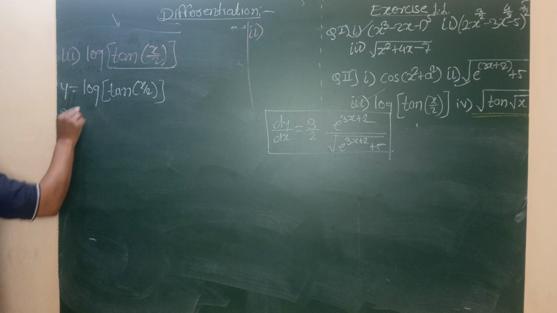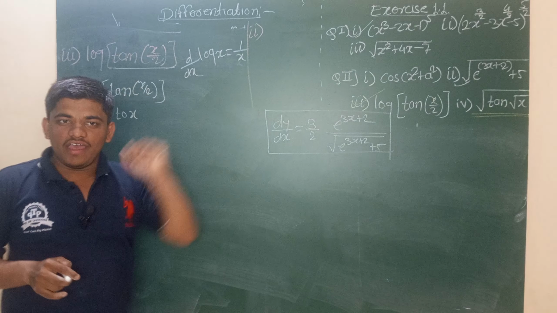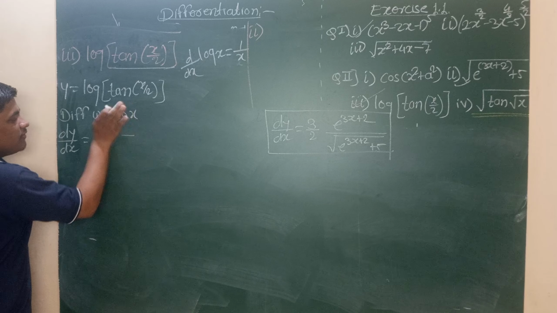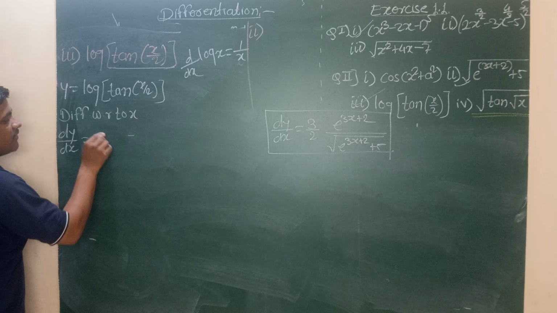Here we treat tan of x by 2 as x, that means 1 upon tan of x by 2. The first step is d by dx of log of tan of x by 2. dy by dx is equal to 1 upon tan of x by 2 into d by dx of tan of x by 2 here.